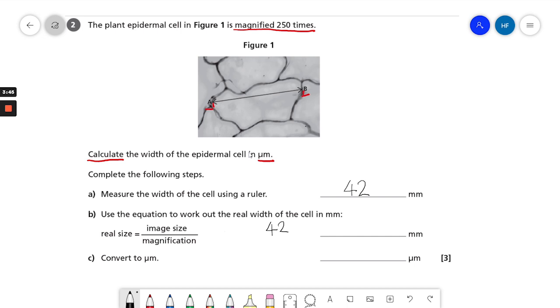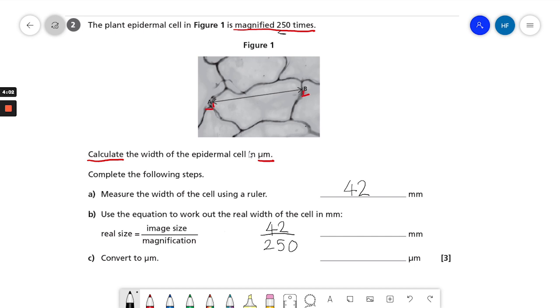It's always good to show your workings, I think. Okay, and we need to divide that by the magnification. And the magnification, remember, we had up here, didn't we? So that was 250. So I shall just write that in there.